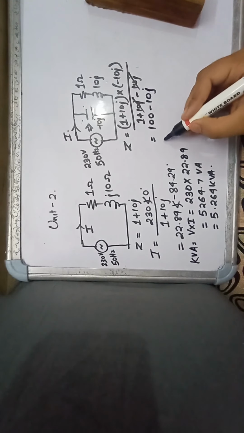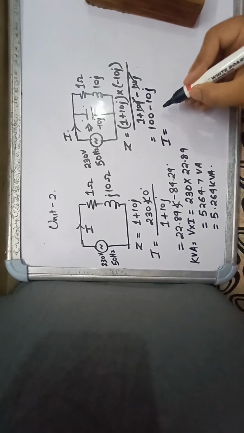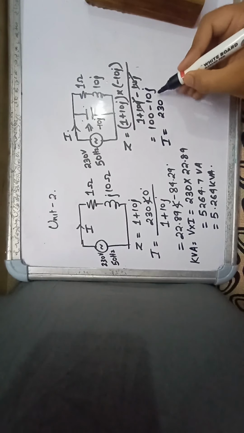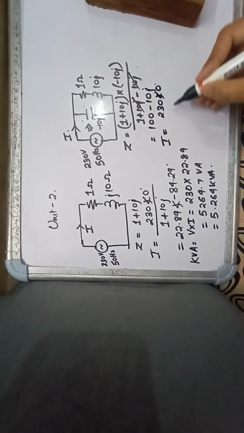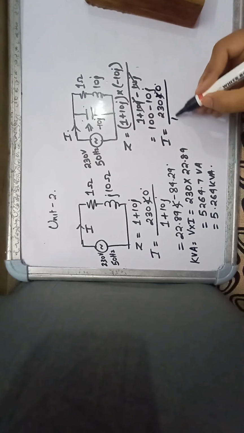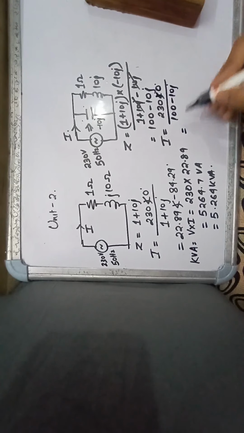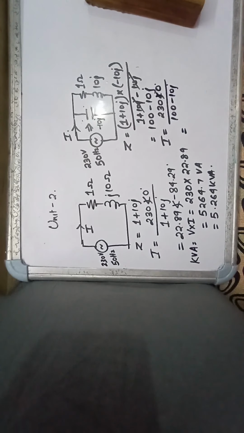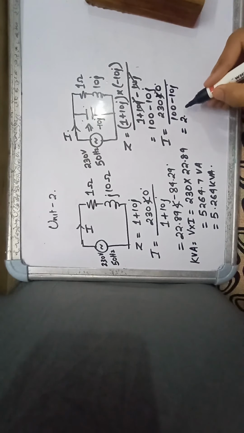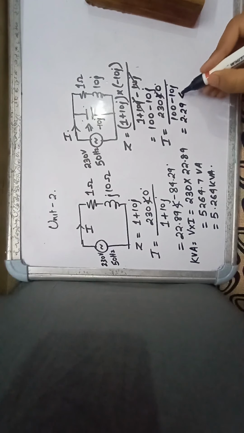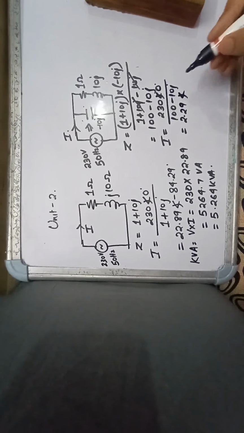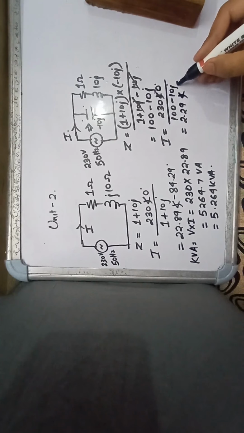Now if you want to calculate the current, it is 230 at an angle 0 divided by 100 minus 10J, so you will get current somewhere around 2.29 at an angle 5.71.